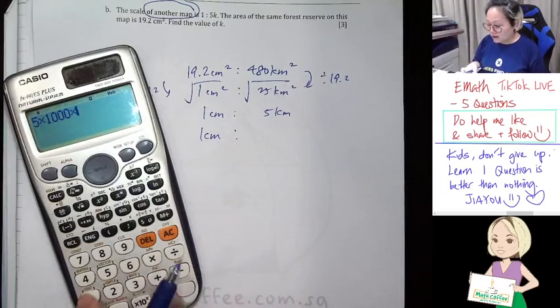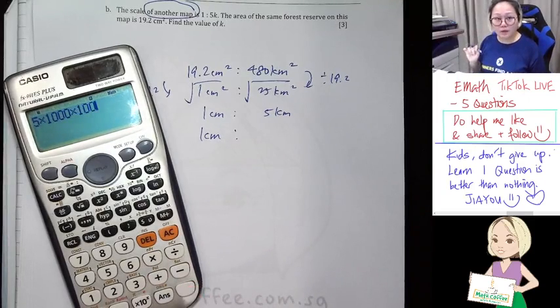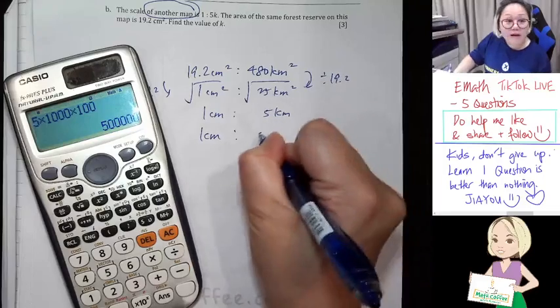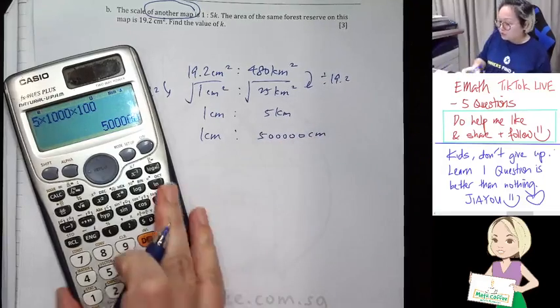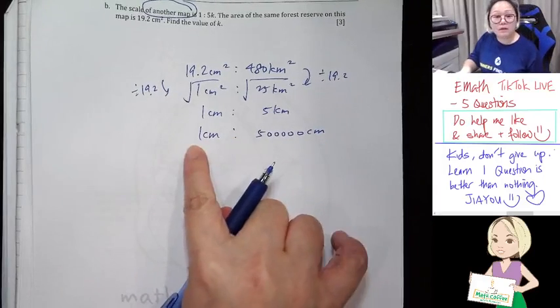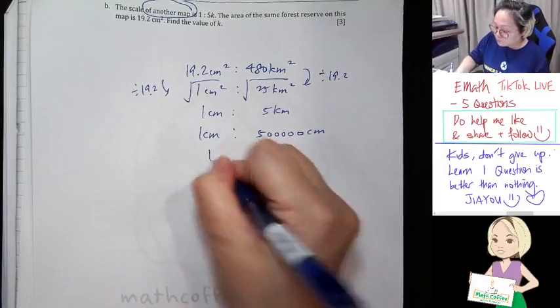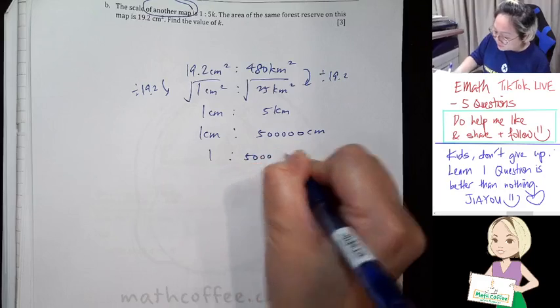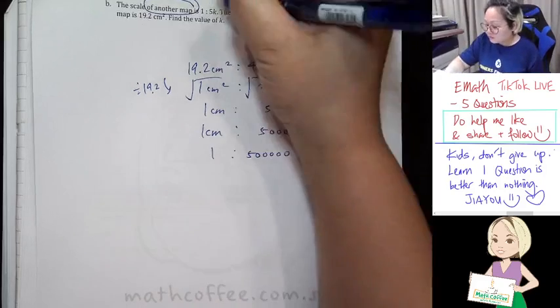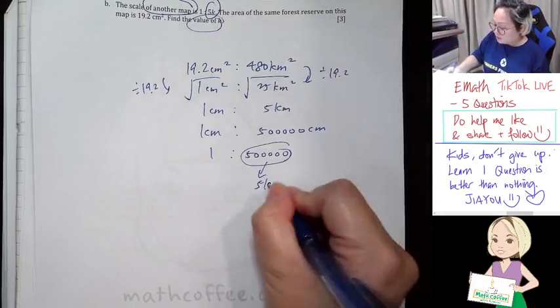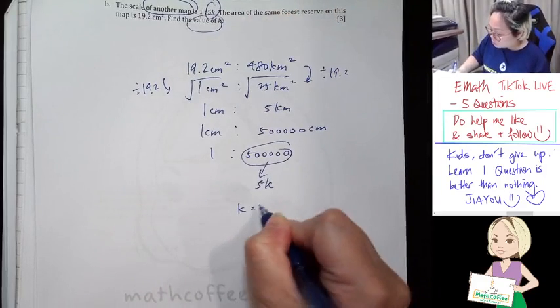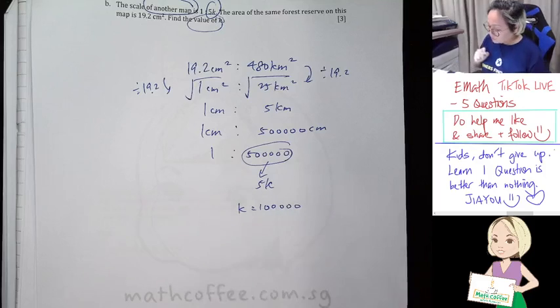Meter change to cm, times 100. So I will have 500,000 cm. Now both sides are cm, and the left hand side is already 1. Now you can remove the unit and say it's 1 is to 500,000. And this is 5k. So if they ask you to find the value of k, you will say k equals 100,000. And you are done.